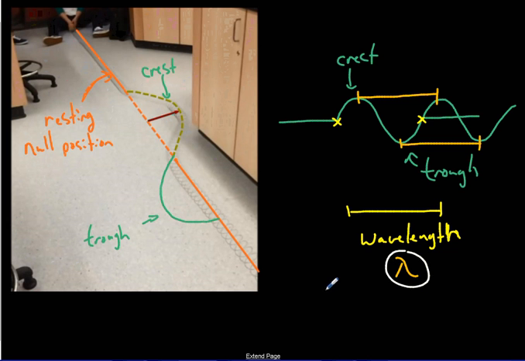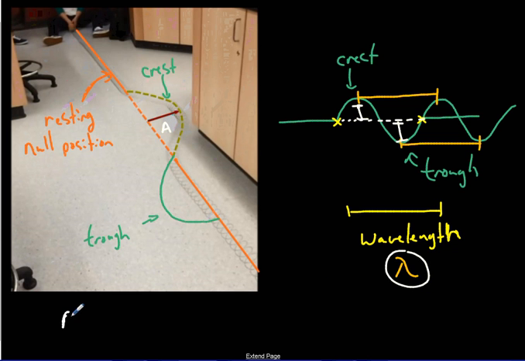Okay. So what else can we say about this? If you measure from the resting position, which in this case is the dotted line or the null position, to the height of a crest, or to the depth of a trough, okay? So this value here from resting to crest is called amplitude. We call that A or amplitude.